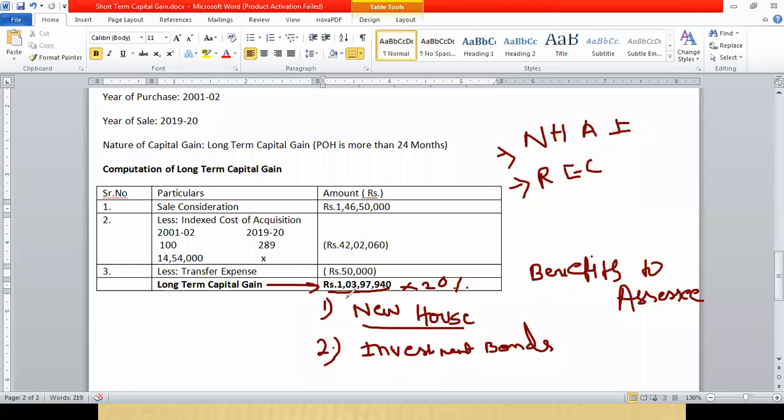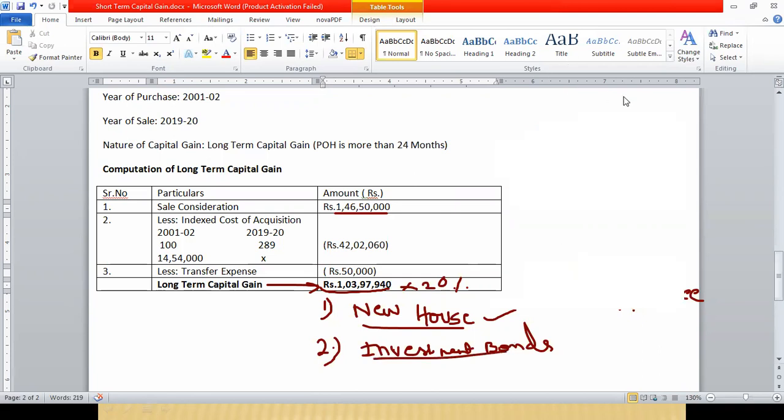So the popular benefit is: if you invest the entire consideration in a new house, then the capital gain will be exempt. You need not pay tax on this capital gain. Another is investing in various securities, that is, bonds issued by Government of India authorities.